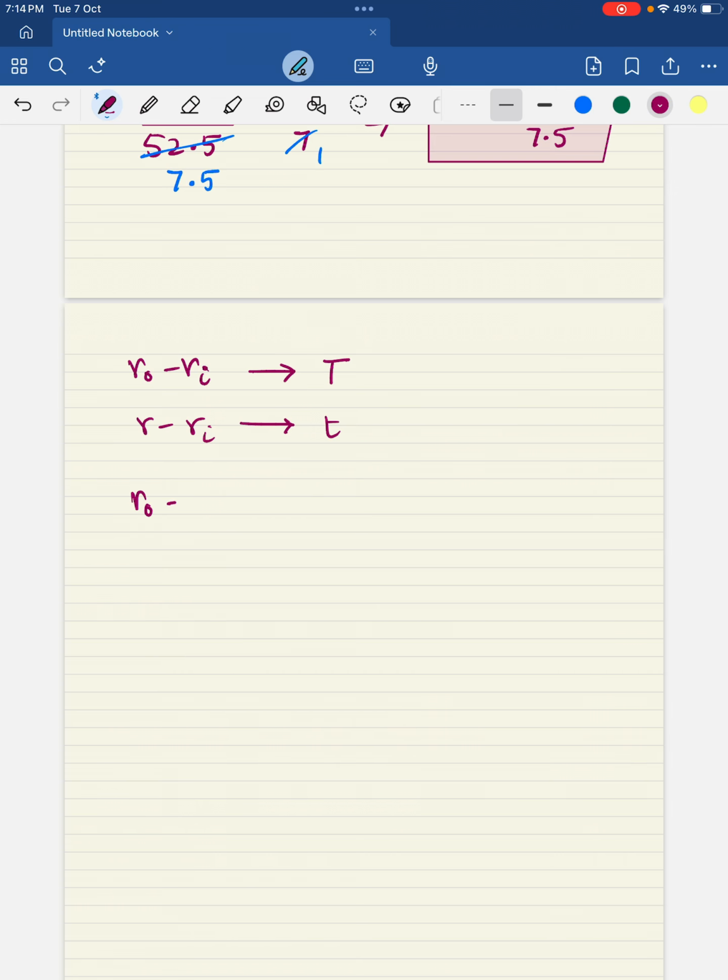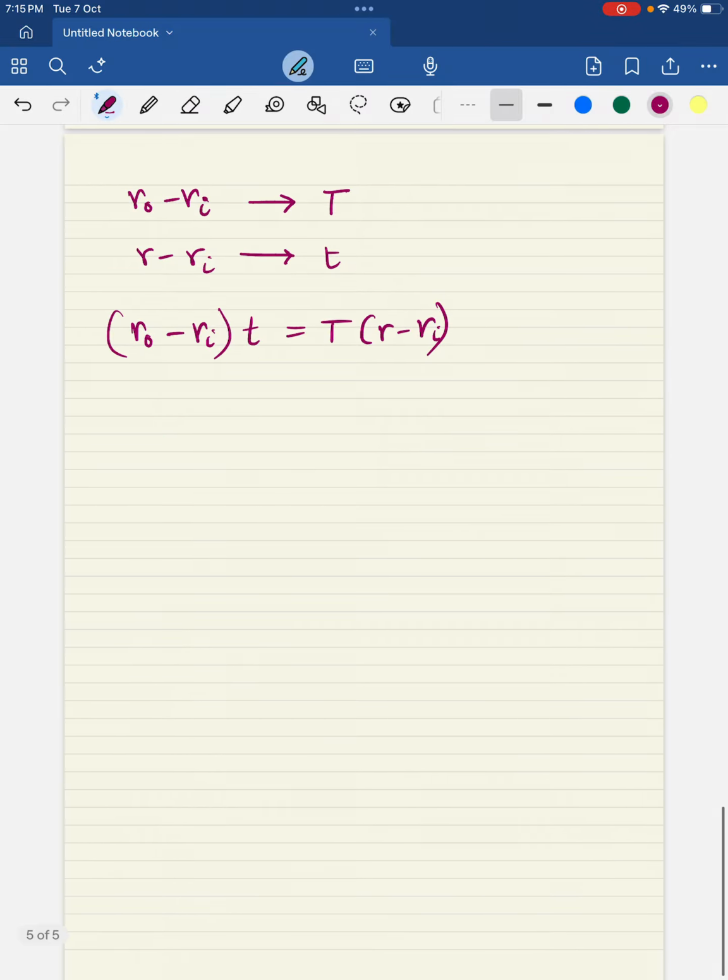So R0 minus Ri into small t equal to capital T times R minus Ri. R0 is 25 minus 10, small t is 110, capital T is 165, R is unknown, and this is 10.